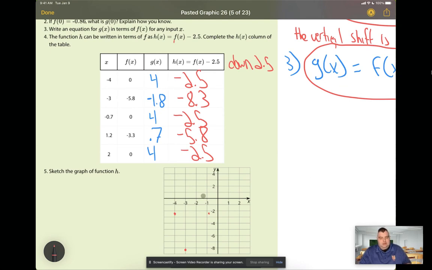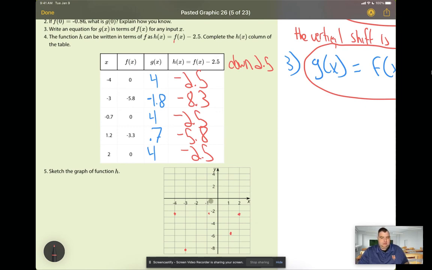At 1.2, y is -5.8, which is going to be right here. And then at x equals 2, we're at -2.5 again.